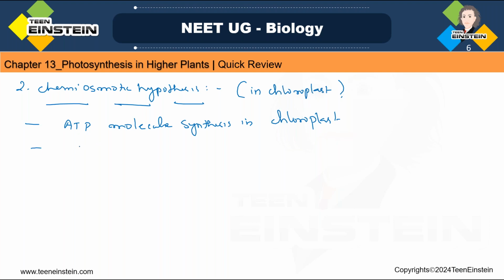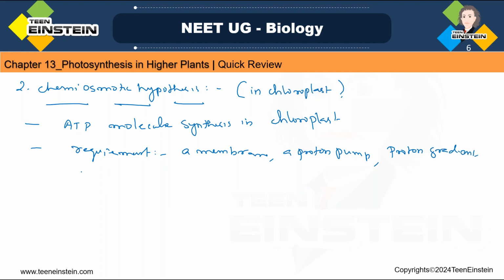So what are the required conditions for this chemiosmotic hypothesis? A membrane, then a proton pump, a proton gradient, and the ATPase enzyme.